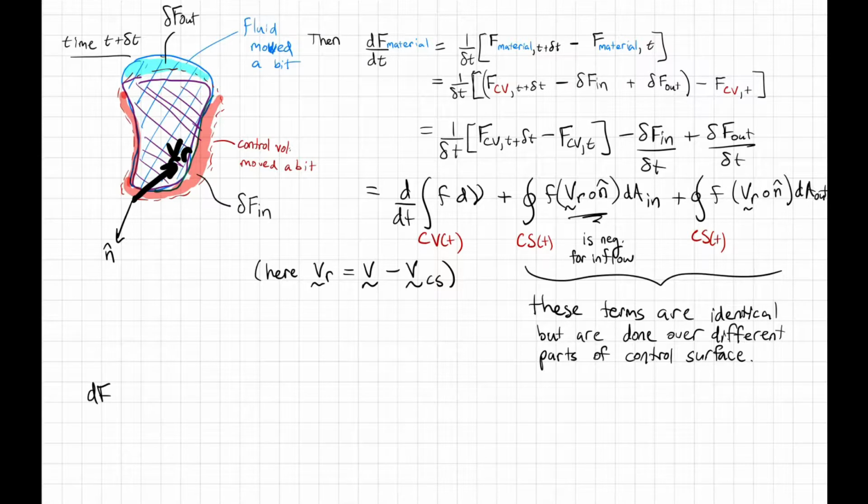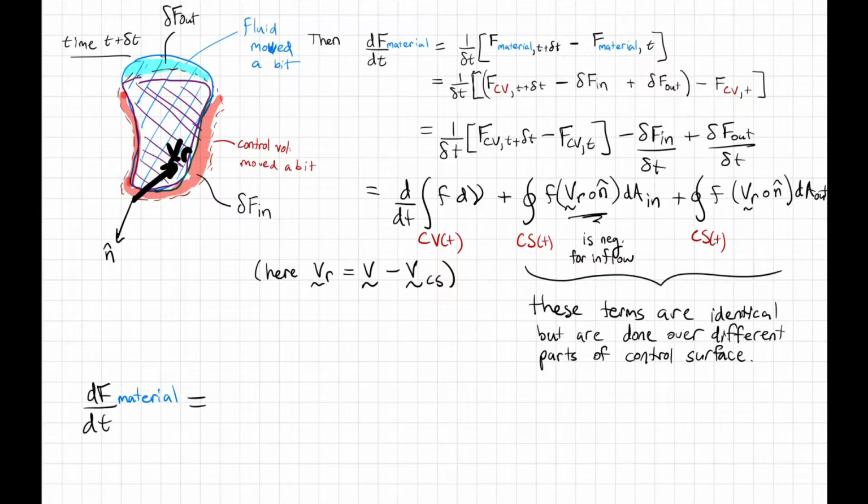So if I take the time to write it all in summary, the rate of change of the volumetric integral over the material, which is the thing that shows up in our conservation laws, can be written as the sum of two integrals that are done over our control volume.